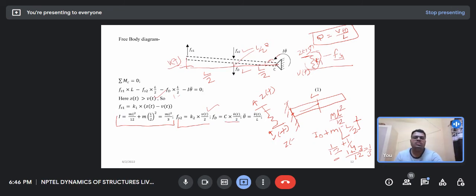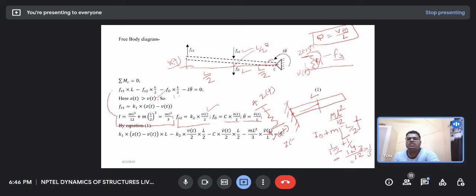And for the I theta, theta double dot is V double dot t by L. So if we put these values in this equation, you will get this equation.